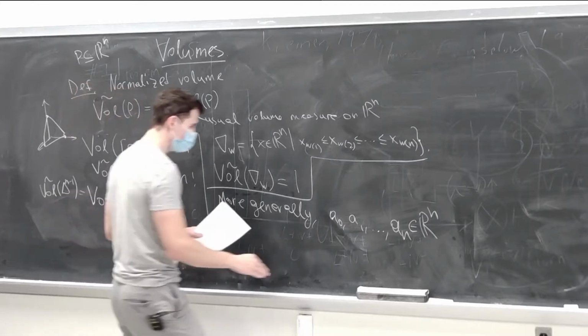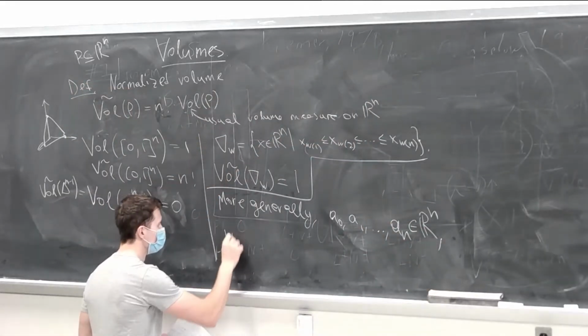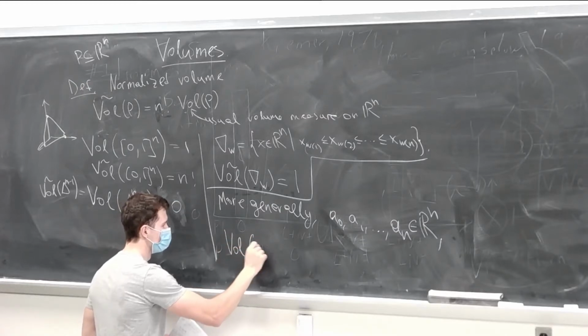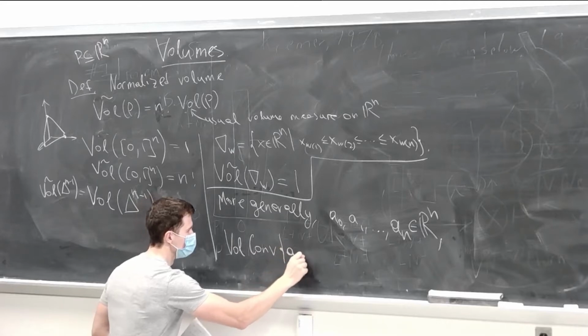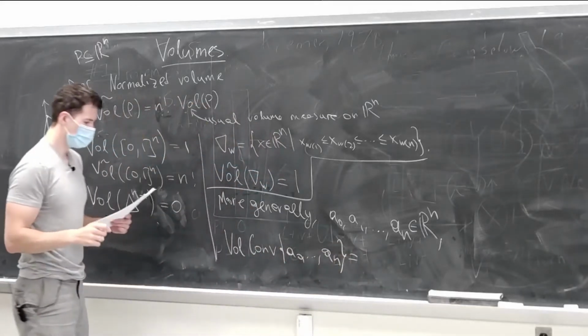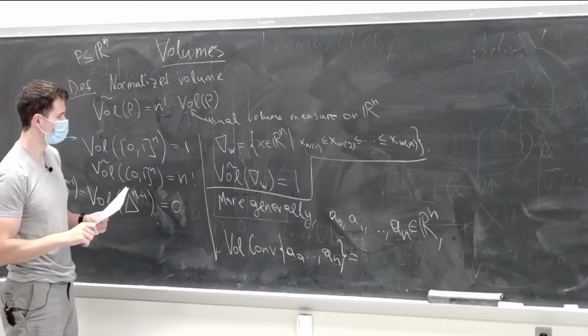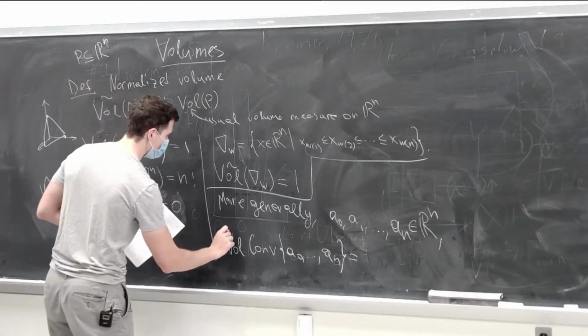Then the volume of the convex hull of these points a0 through an is, well, what is it? Let's say even the normalized volume.